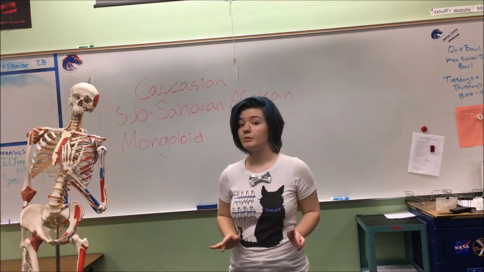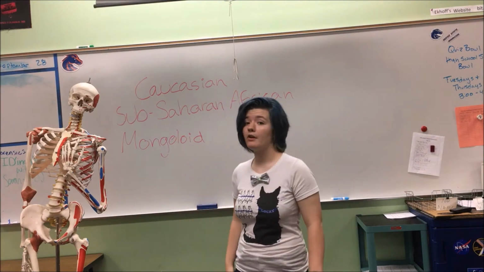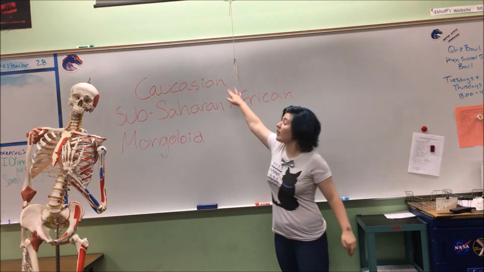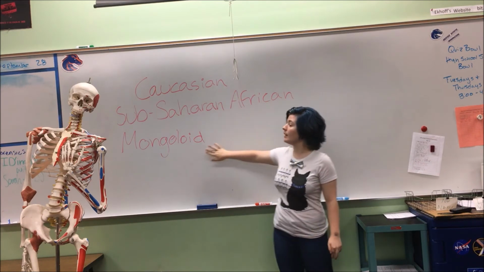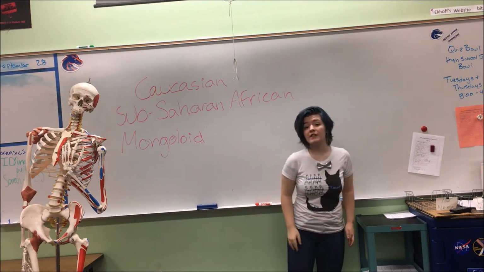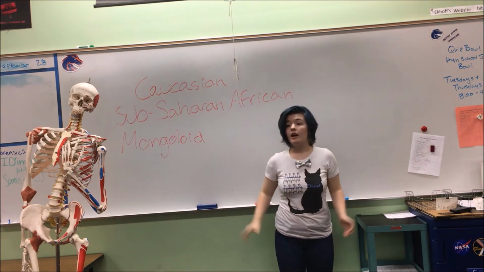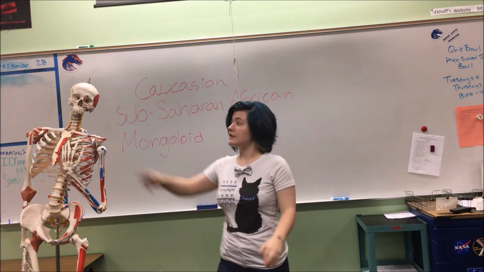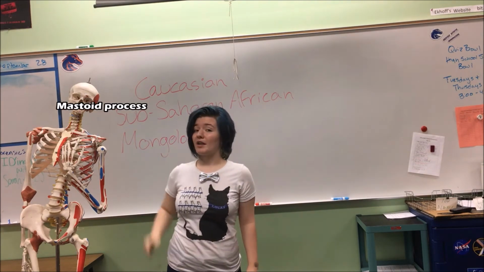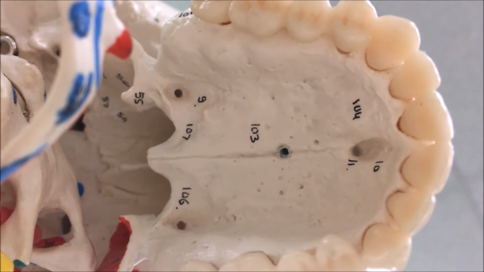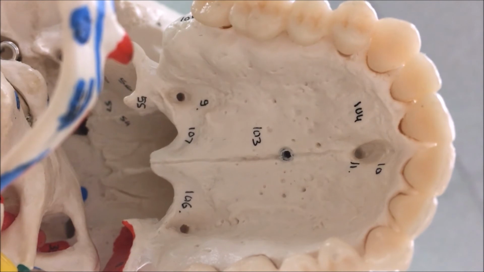The next step is to determine Jim's race. In physical anthropology, there are three main races: Caucasian, Sub-Saharan African, and Mongoloid. The Mongoloid race encompasses East Asians and American Indians as well. To determine race, we look at the teeth, nose, and the mastoid process. Since Jim doesn't have a lower jaw, we can look at his teeth relatively easily.